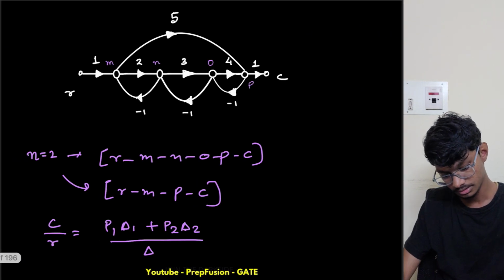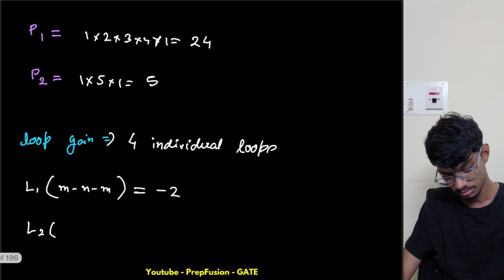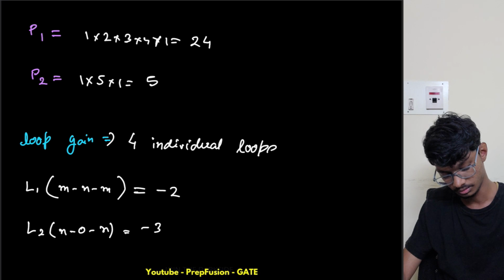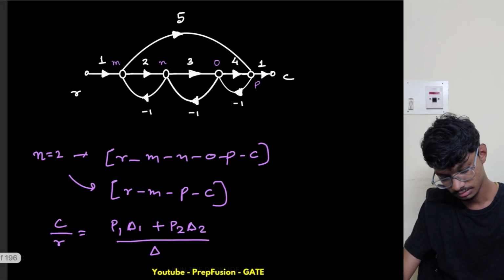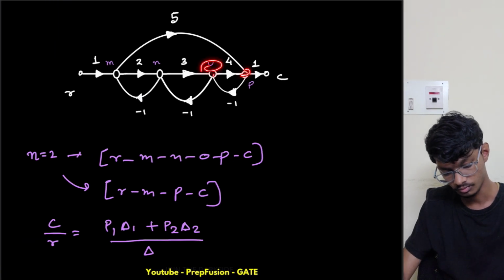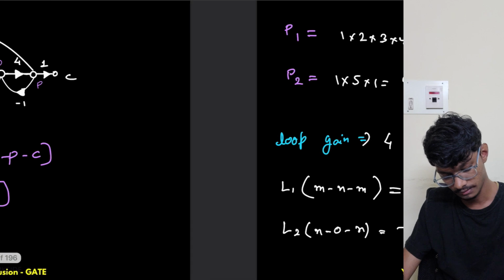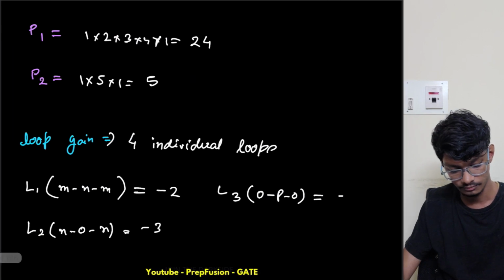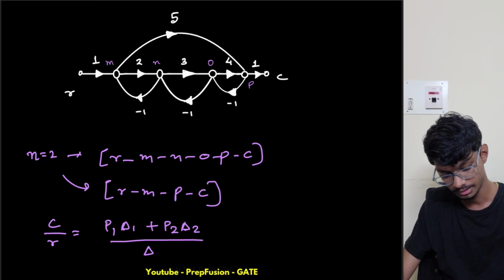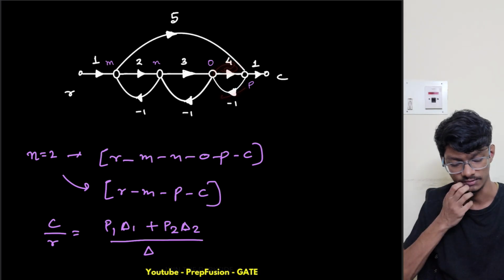L2 is N, O and N. 3 times minus 1, so it is minus 3 only. Now L3 is this one, O, P and O. This is 4 times minus 1, minus 4 only.